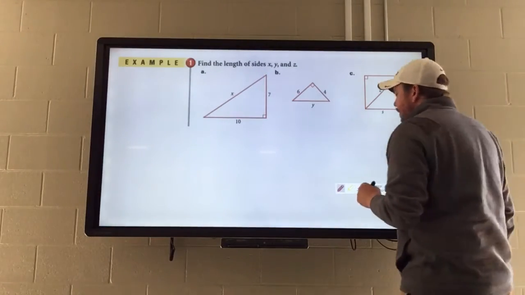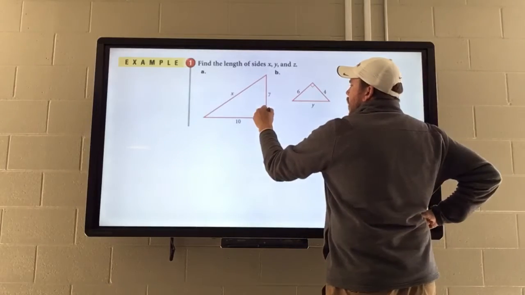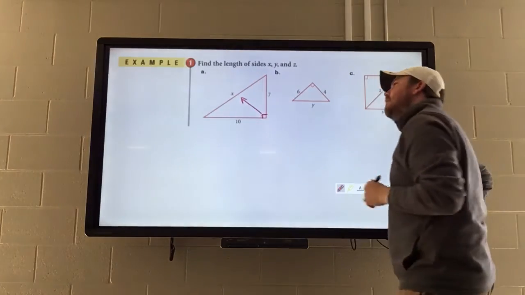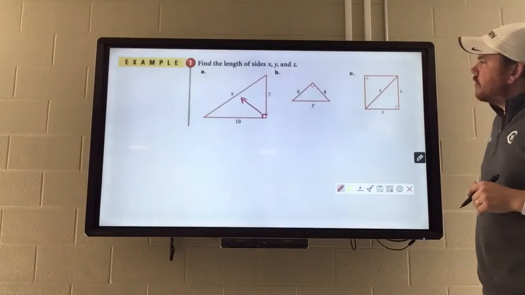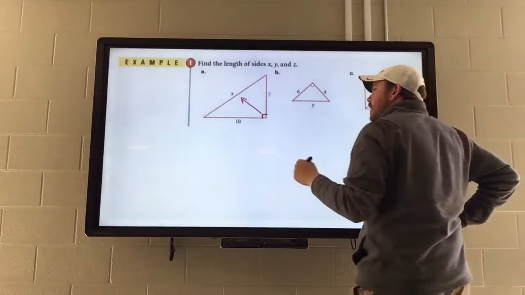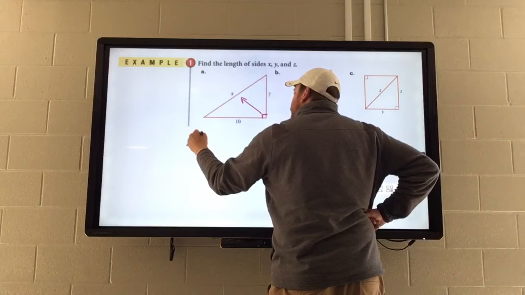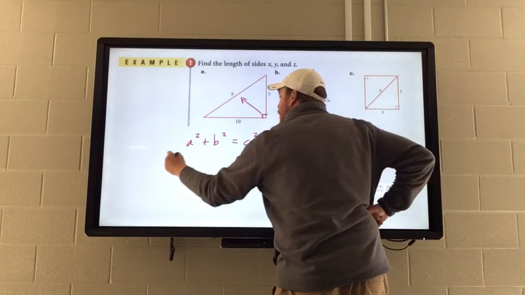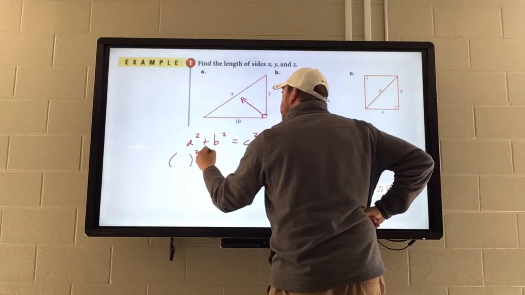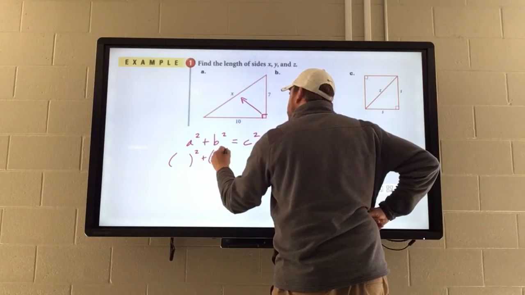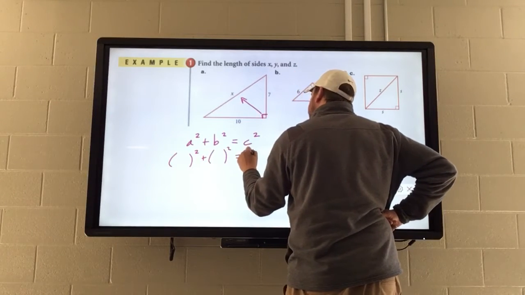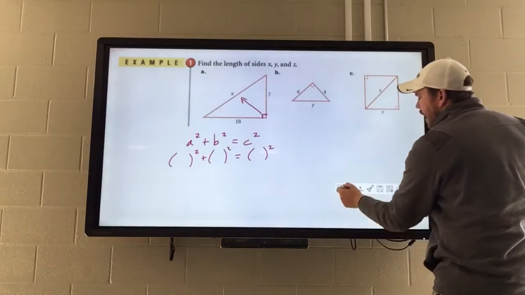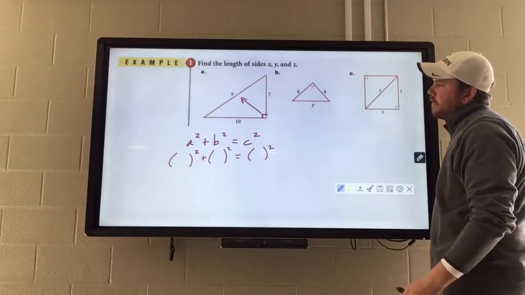So as you can see here, I have a right triangle, and the side opposite that is just x. It's an unknown length. Well, using the Pythagorean Theorem, a squared plus b squared equals c squared, we can plug in the values we know and solve for the value we don't know.